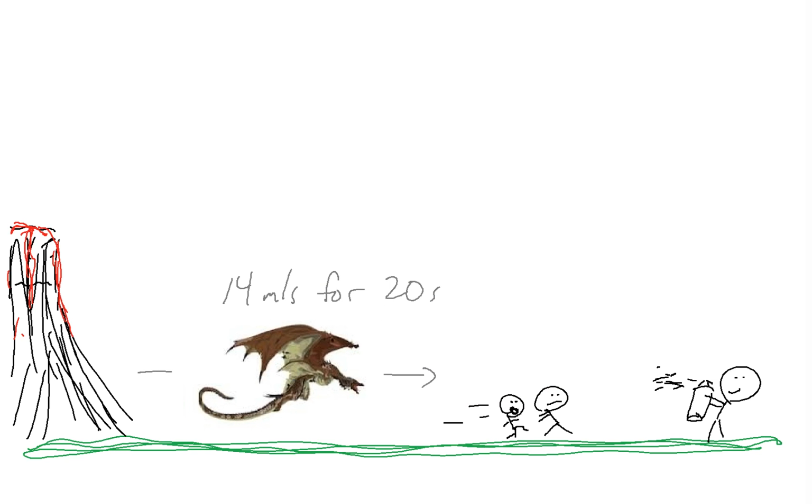So it comes along 14 meters per second for 20 seconds. Then he's going to fly up this way, and let's say he's going at a 25 degree angle.